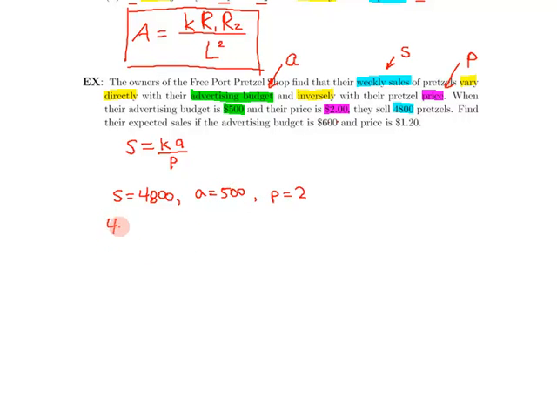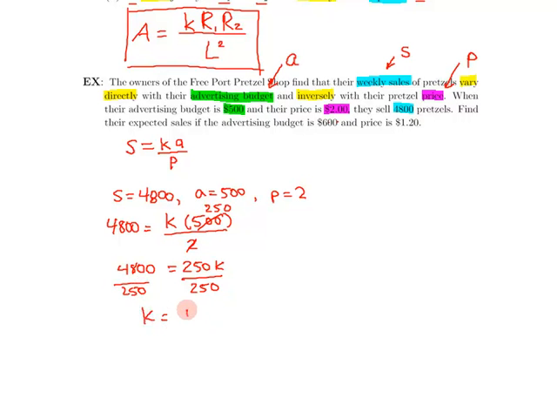So that means 4,800 is equal to unknown K times 500 divided by 2. So 2 goes into 500 250 times. So that's 4,800 equals 250K. Divide both sides by 250. And I'm going to go to my calculator now and I'll divide that out. I get 19.2.